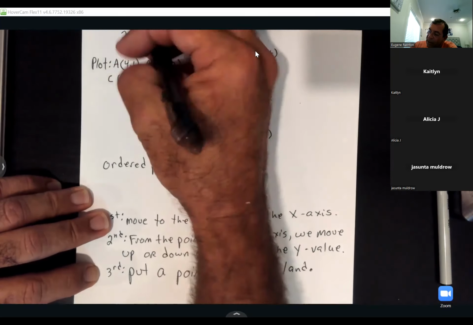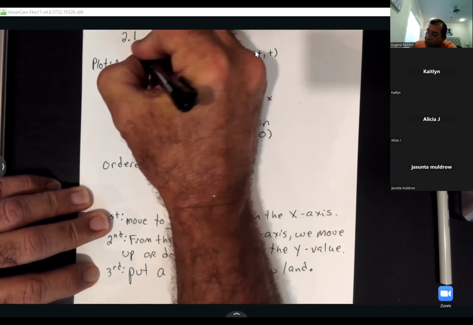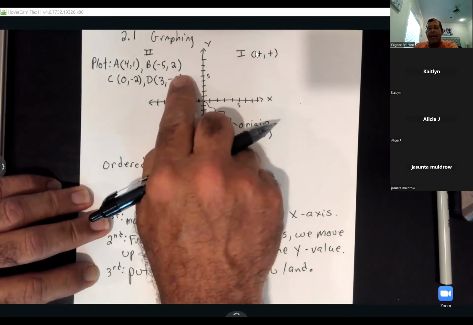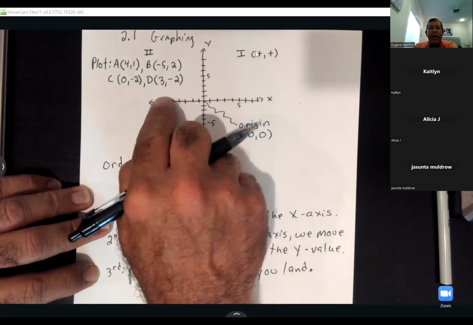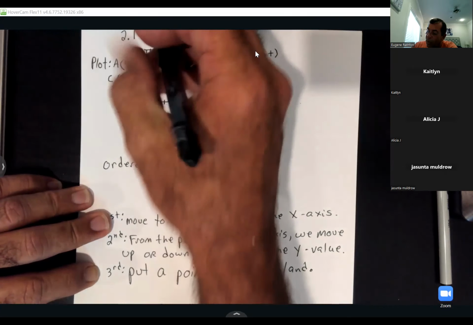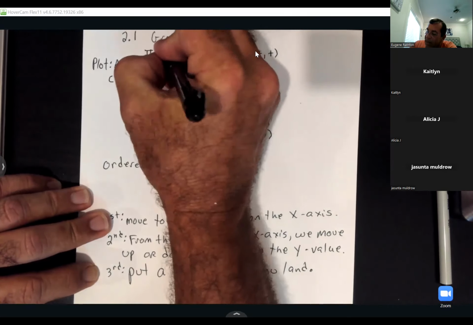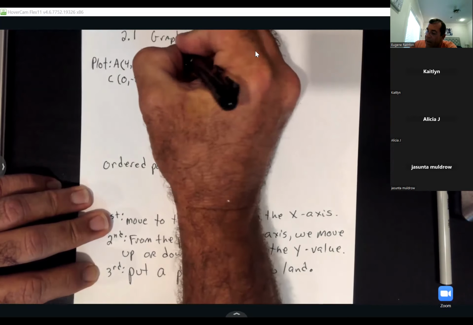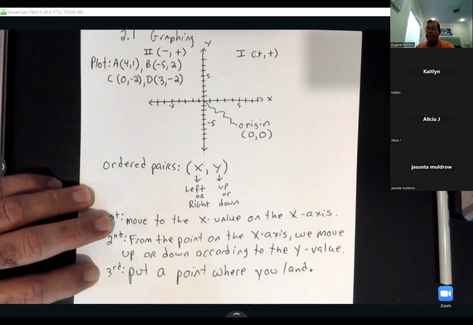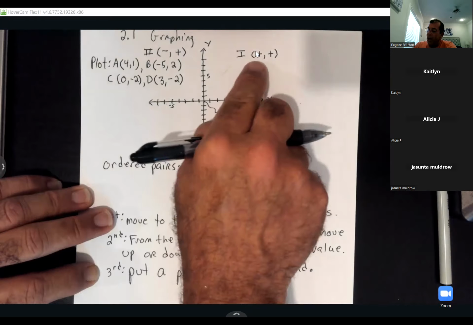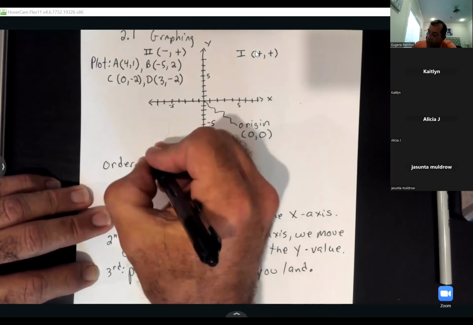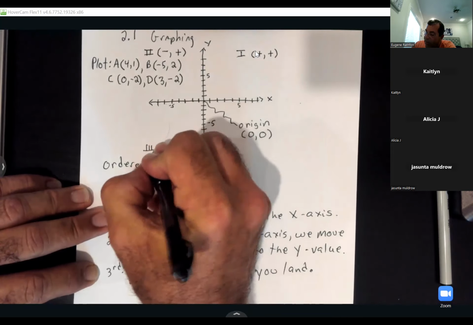Over here is the second quadrant. To be in the second quadrant, your x will be negative and the y will be positive. See, they go counterclockwise.